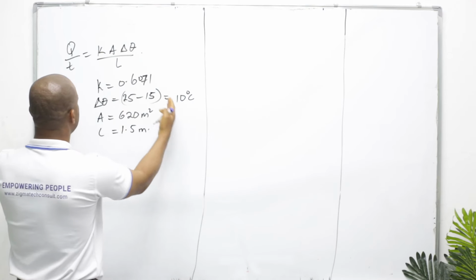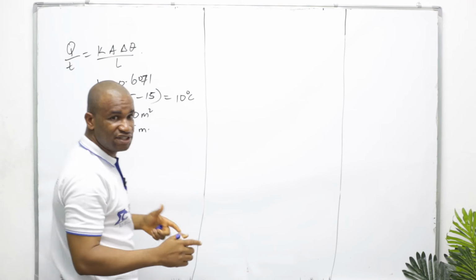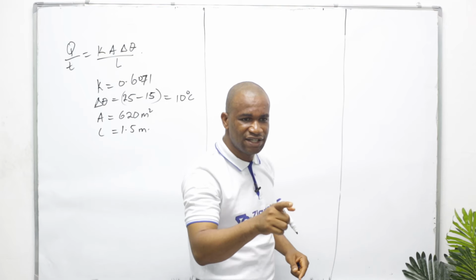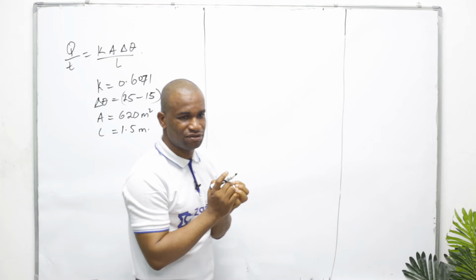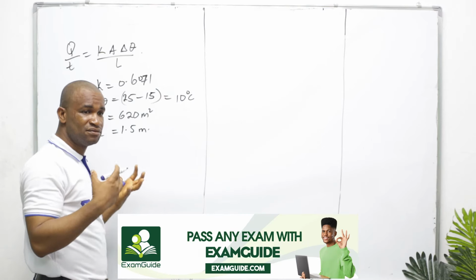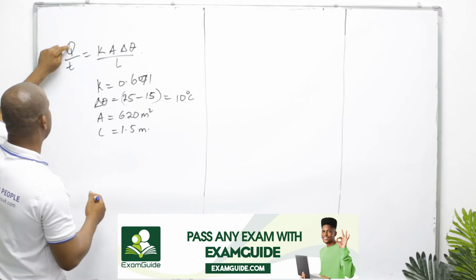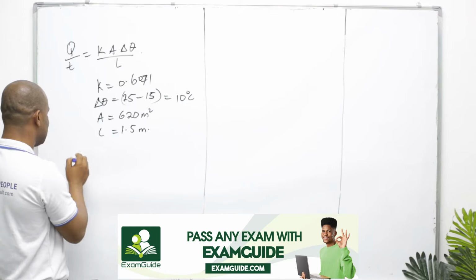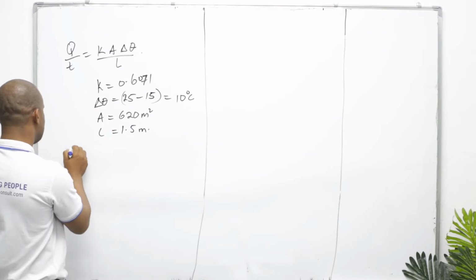Alright, having put all these things, I'm looking for Q over T. Q over T, because the question says find the rate at which energy is transferred. When we talk about rate, we are talking about something divided by time. So that is Q over T, and the answer is in watts.